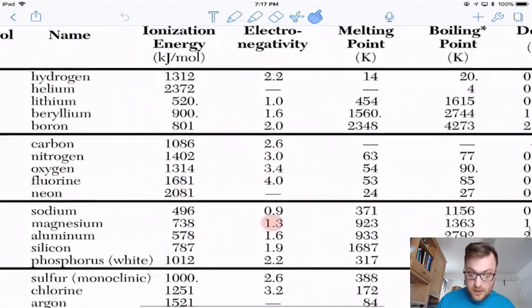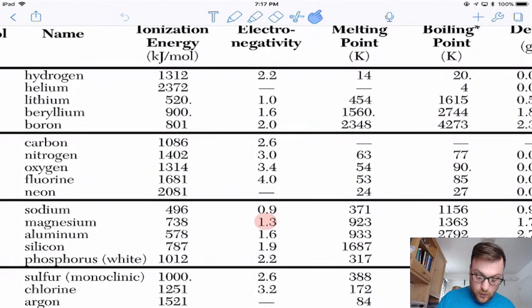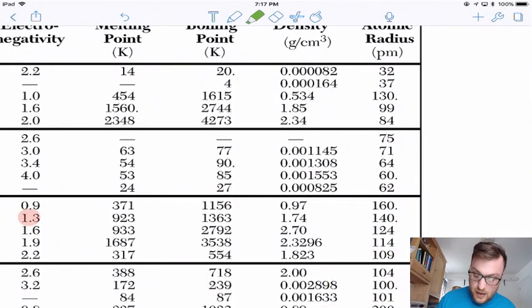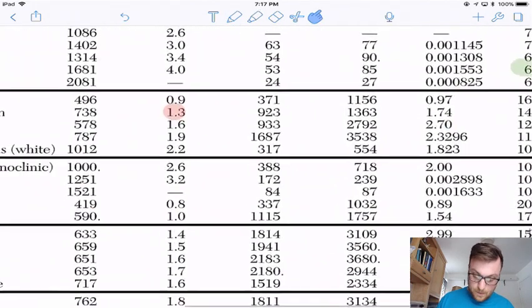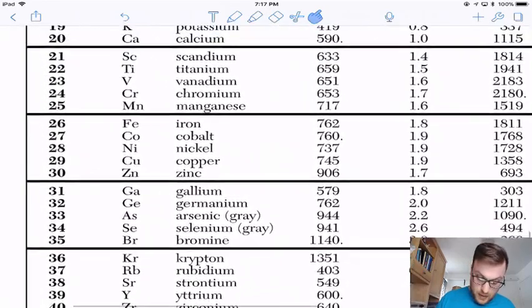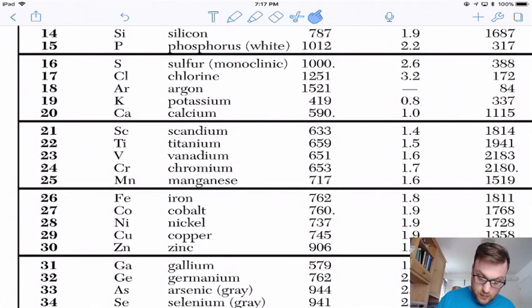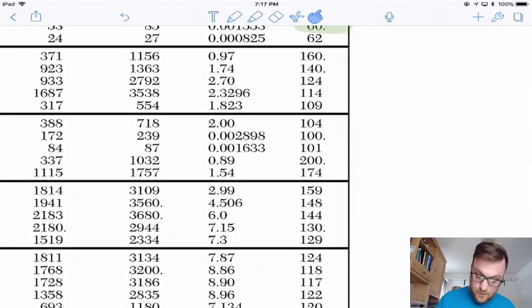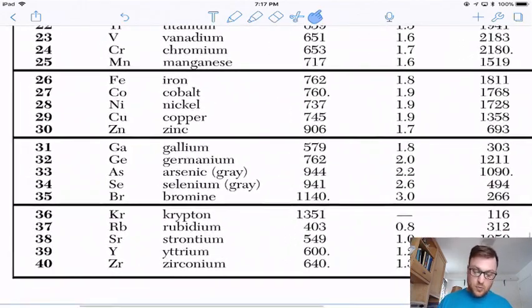So if we look up their atomic radii, fluorine right here, probably should use a highlighter, has an atomic radius of 60. Chlorine right here has an atomic radius of 100. You can probably see the trend, but don't make any assumptions. We're in no rush.